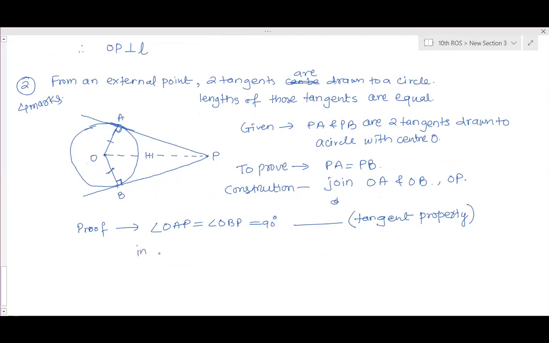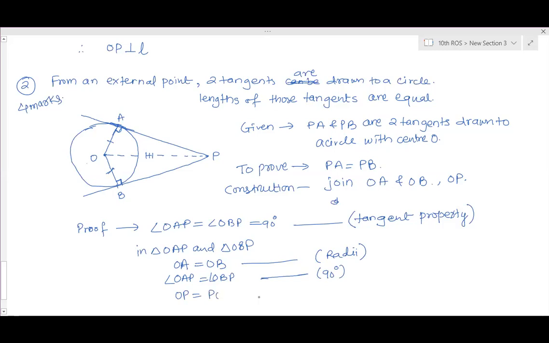Then in triangle OAP and triangle OBP, OA is equal to OB, radii. Angle OAP is equal to angle OBP, both 90 degrees, and OP is equal to PO, common.